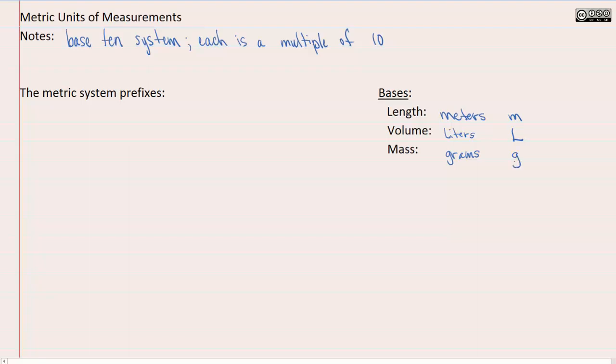Now, the metric system has a little saying that can help you remember the order. The saying is: kittens have dander, but dogs catch mange.